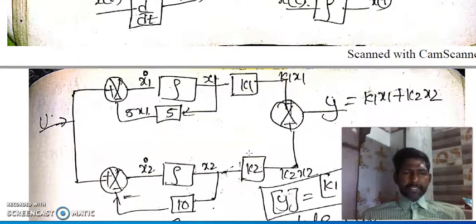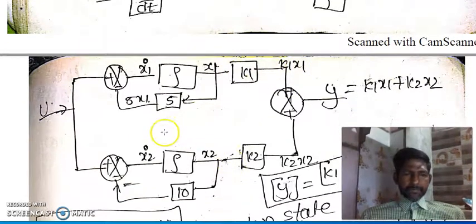At the bottom, integration of x2 dot is x2, and the path is like this. Here it will be 10 x2, into K2, that is K2 into x2. So y equals K1 x1 plus K2 x2.